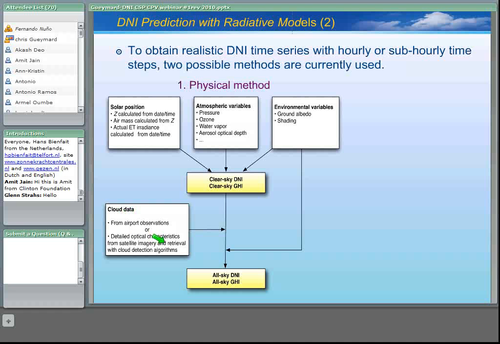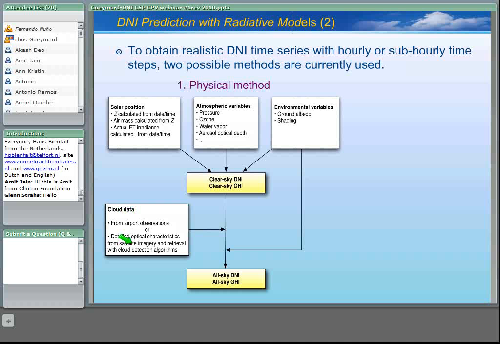And in some cases these satellites and retrieval methods provide cloud detection, which means a type of cloud, altitude, cloud optical depth, a lot of physical optical properties.